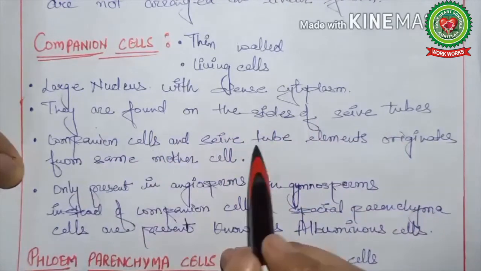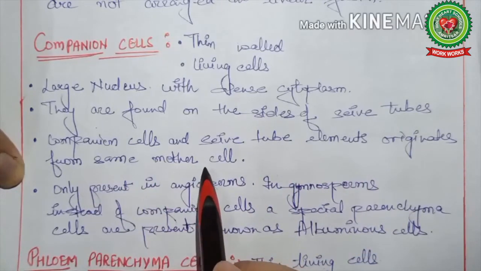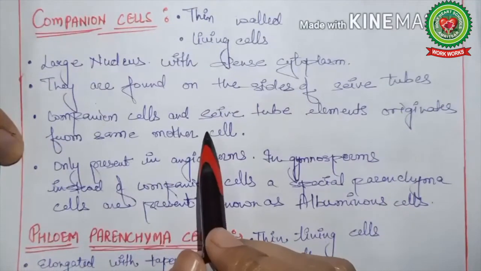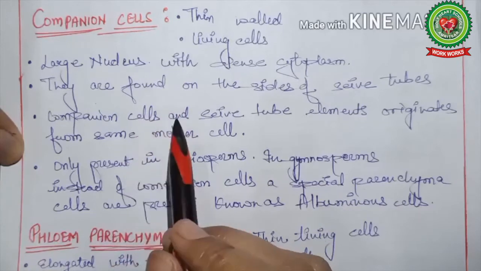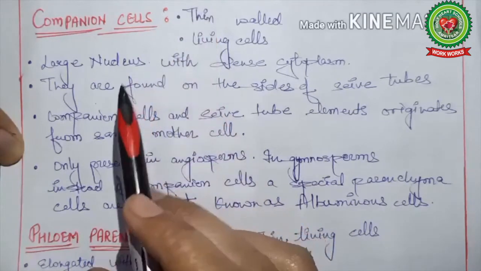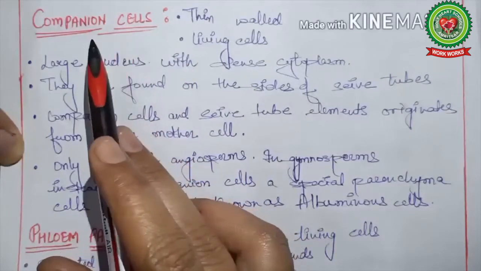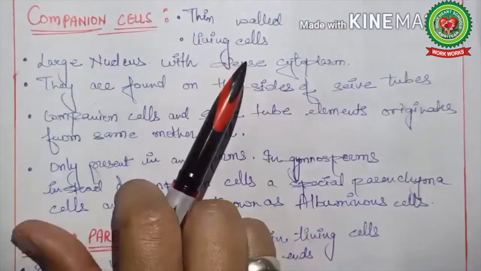Companion cells and sieve tube elements originate from same mother cells. That is the reason they are present in case of angiosperms. In case of gymnosperms, companion cells and sieve cells are not originating from the same cells. That is the reason in case of gymnosperms, these companion cells are called as albuminous cells.